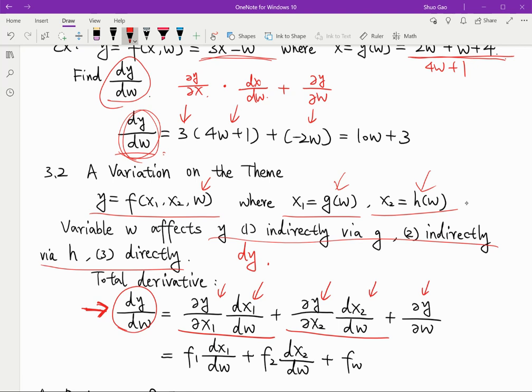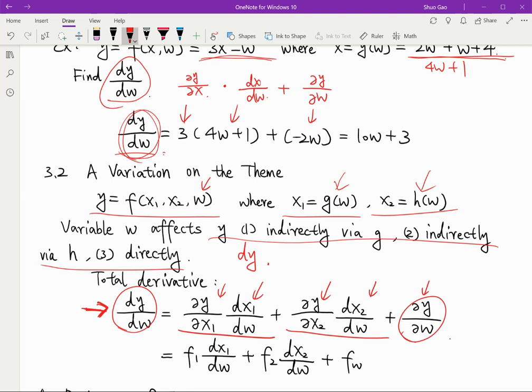So as I said, when w changes, both x1 and x2 will change, right? So the change of y given this kind of change of w is called the total derivative. But for partial derivatives, we just think of x1 and x2 as constants when we take the partial derivative of y over partial w, right?